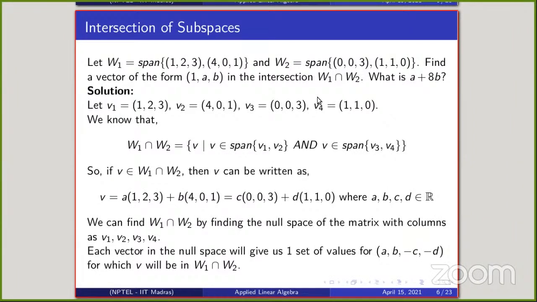So basically, we are finding the constants A, B, C, and D such that the linear combination of the columns will be 0. So that is exactly what we are doing. And so each vector in the null space will give us one set of values for A, B, minus C, and minus D, because we are taking the C into V3 plus D into V4 to the other side. That's why we are getting the minus. Other than that, it's the same.